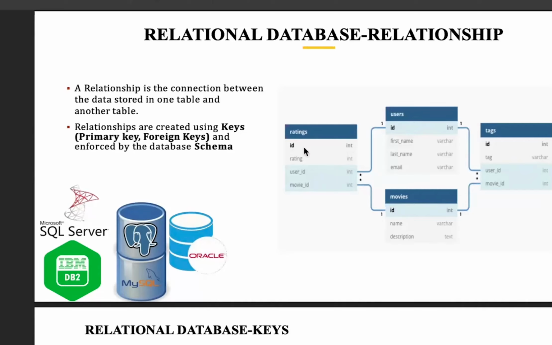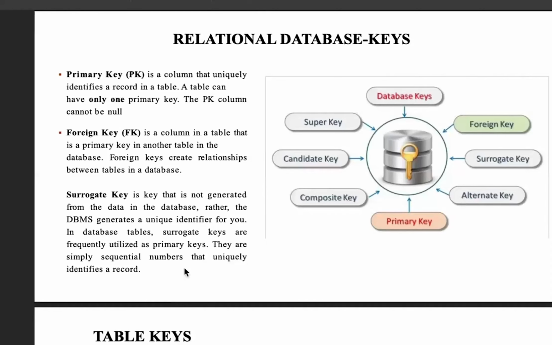If it is in the ratings table, it will be a foreign key. Foreign keys are primary keys in other tables, but when they are present in another table where they are not the primary key, they are foreign keys. So that's it.